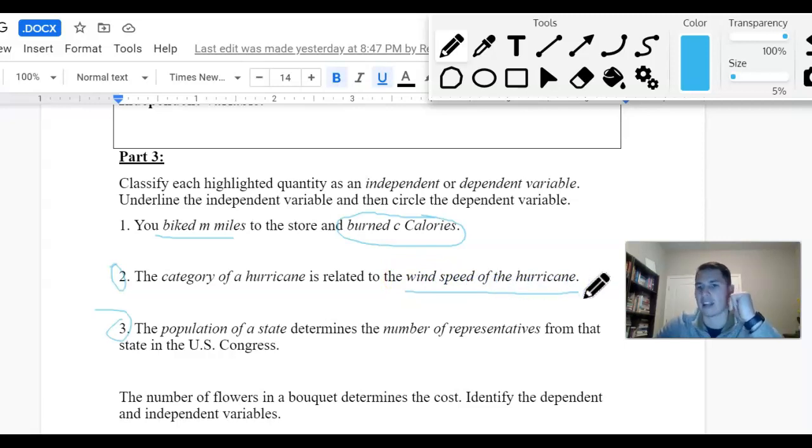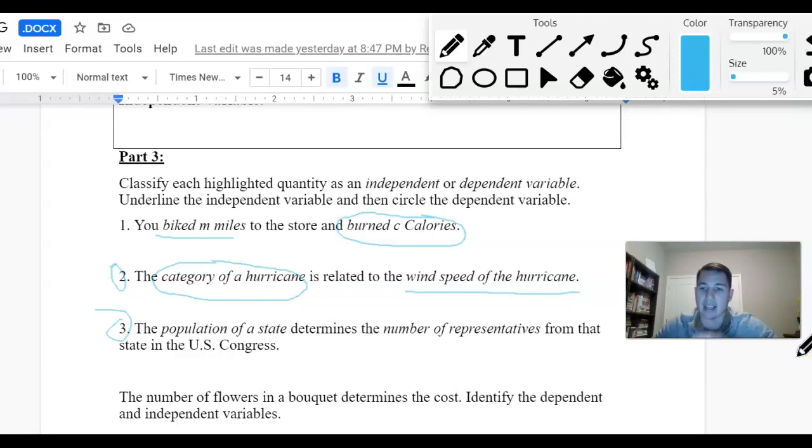So we decide that it is 100 mile per hour wind. With that information, we can then categorize the hurricane. So wind speed is first. The result of that is we get a category for the hurricane. The category of the hurricane depends on the wind speed.